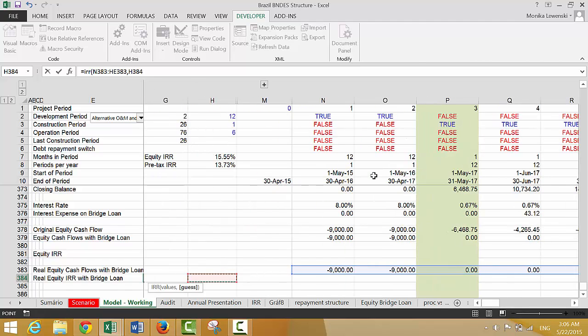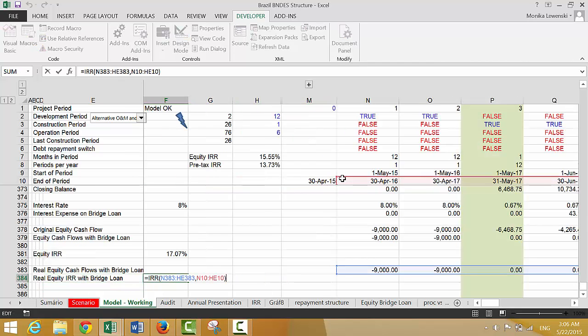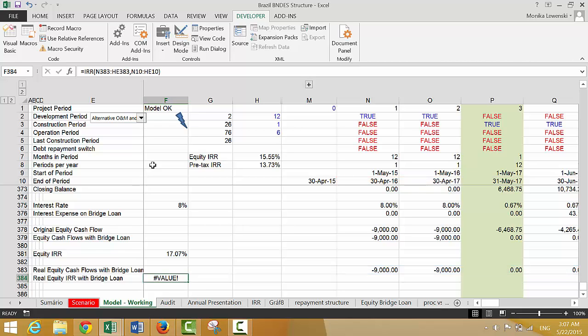And now the most interesting issue with the bridge loan is, oops, of course I did something wrong here. Why did I do that wrong?